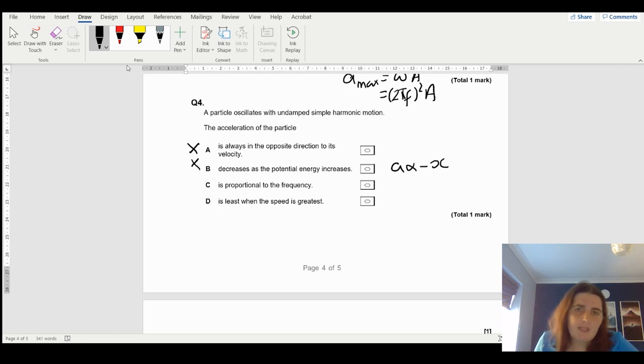Proportional to its frequency, that brings us back up to this one here, a equals omega squared A, which means it's not proportional to the frequency. It's actually proportional to the frequency squared. So it leaves us the last option. It is least when the speed is the greatest. And that makes sense. When you've got the maximum speed, your acceleration is actually 0. So the answer to this one is this one here for 1 mark.